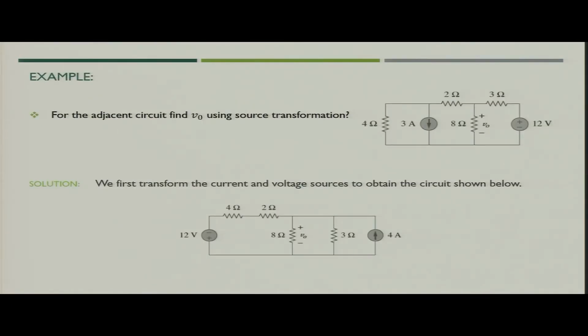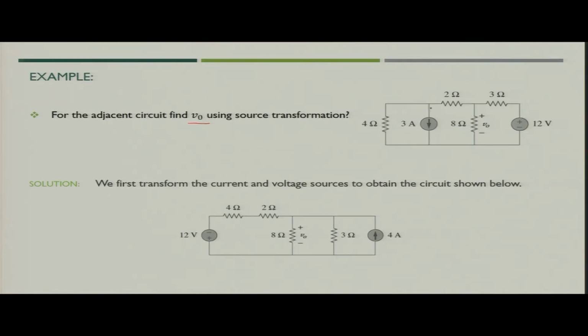Now let's take one example so that you can understand the source transformation concept. Now suppose the circuit is given like this and you are asked to find the voltage V0 which is across 8 ohm, how will you solve?